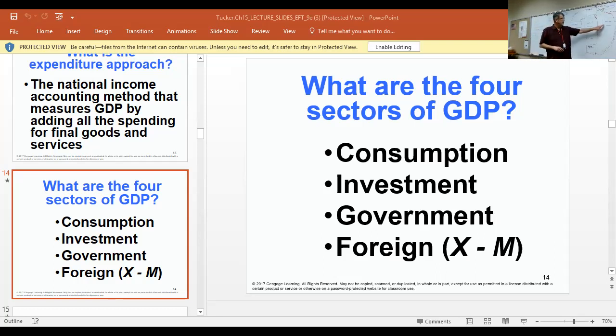That money becomes the income for the households. And that includes wages for labor, interest for time, rents for land, and royalties on things like patents and copyrights.